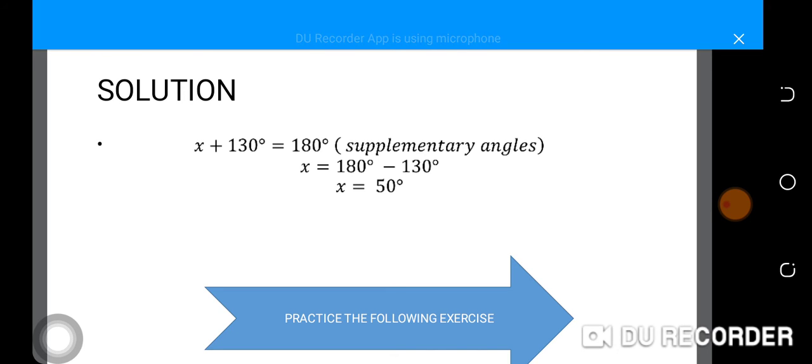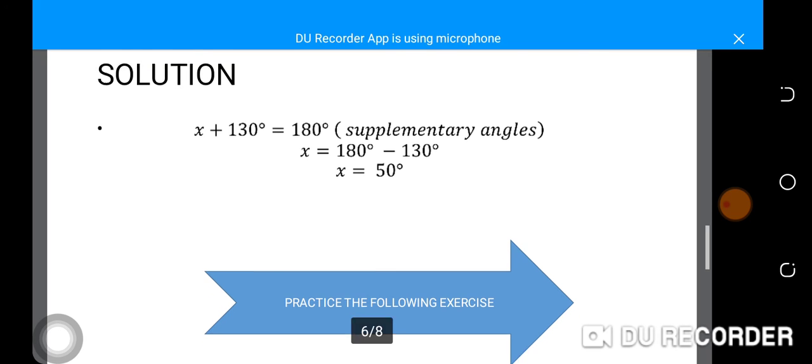The 130 degrees on the left-hand side is adding, which means when it jumps to the other side of the equal sign, it becomes negative. So we have x is equal to 180 degrees minus 130 degrees. 180 degrees minus 130 degrees, the answer is 50. The answer is 50 degrees. It means that the size of the unknown angle is equal to 50 degrees.